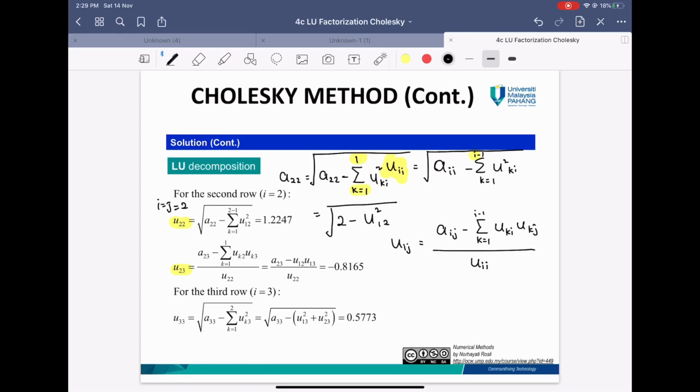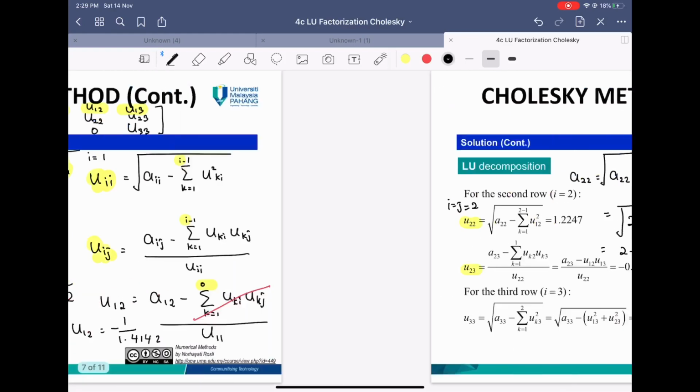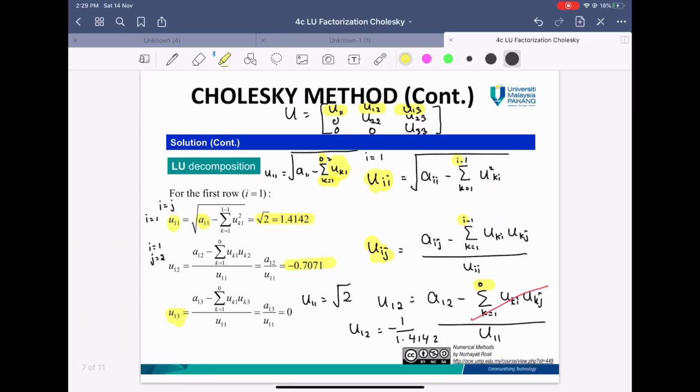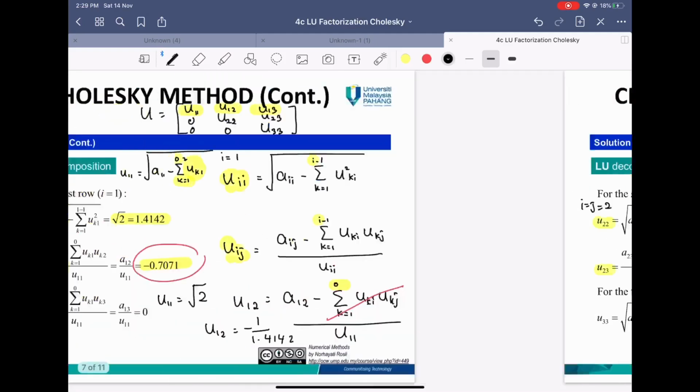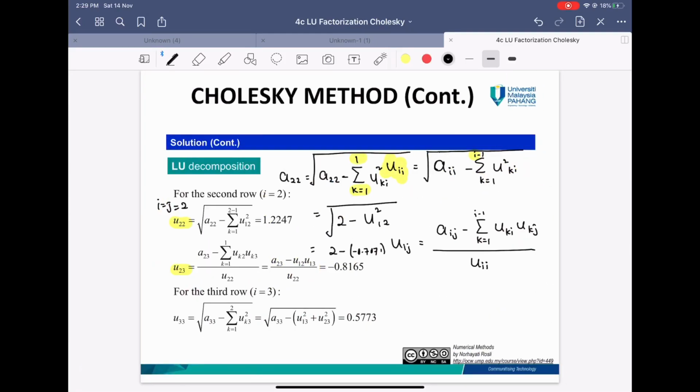And then it is 2 minus, what is our U12? U12 is equal to this value, so we can write here negative 0.7071, squared, and then the square root. So for this, we will get 1.2247.